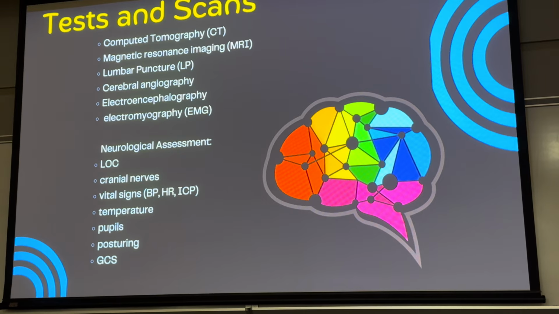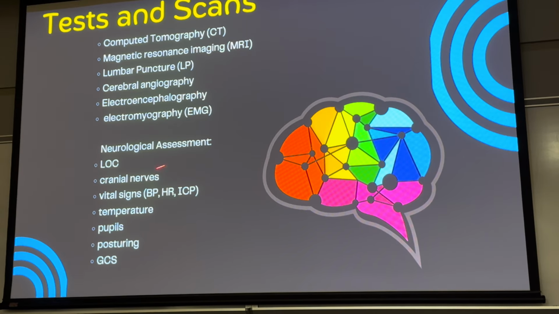Lumbar puncture, I can kind of rule out other types of disease processes like meningitis or Guillain-Barré, that could mimic some of these types of symptoms as well. Your big things with your neuro assessment: changes in LOC, remember that's the most sensitive indicator of a neuro change.